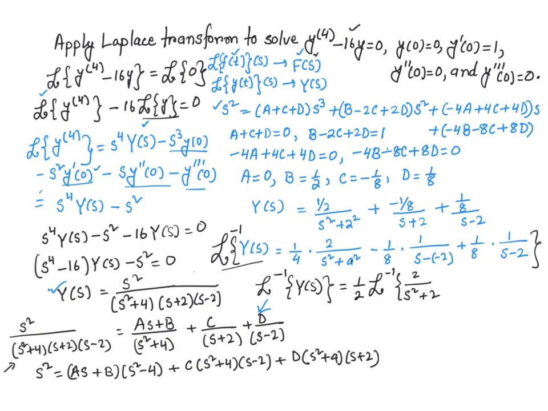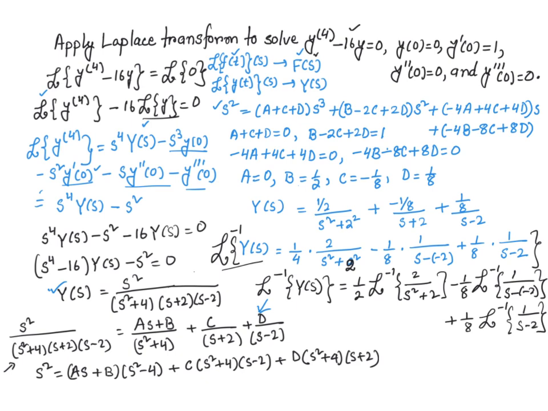I think this looks like an a, it should be 2 squared. Then minus 1/8 times the inverse Laplace transform of 1 over s plus 2. Then finally, plus 1/8 times the inverse Laplace transform of 1 over s minus 2.